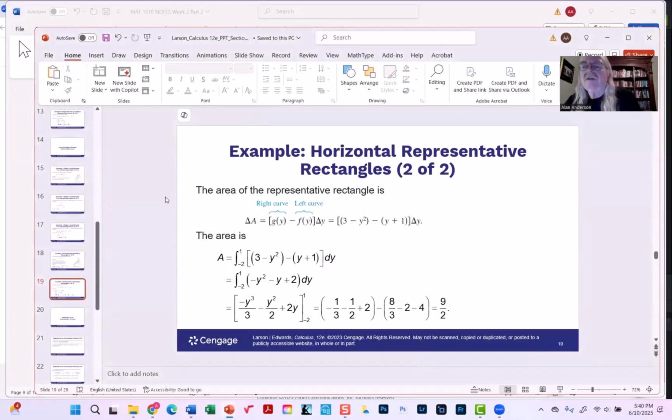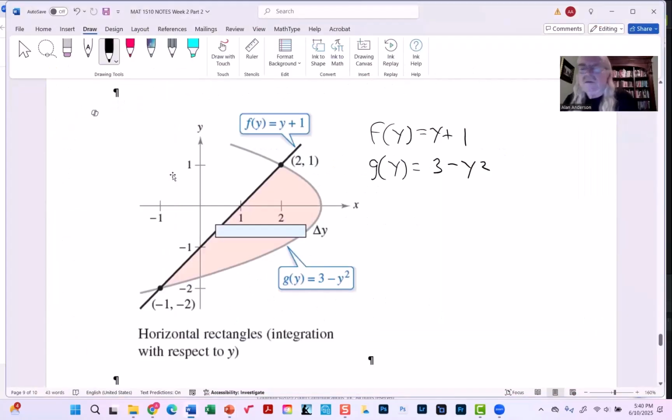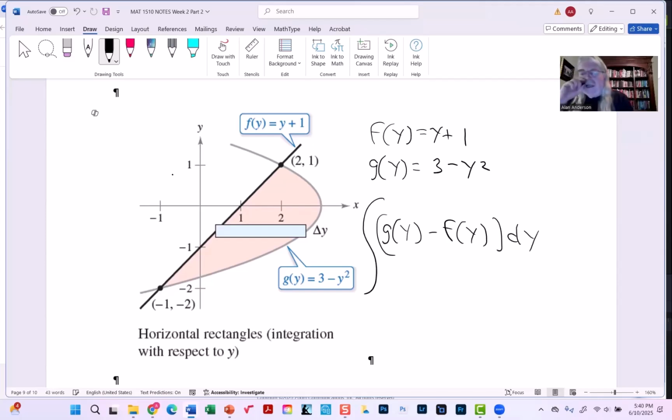This time, instead of the top curve minus the bottom curve, it'll be the right curve minus the left curve. So in other words, what we're looking for is the integral of g of y minus f of y with respect to y. And what about the limits?